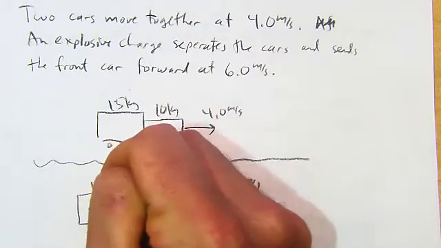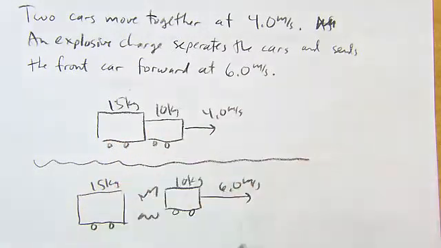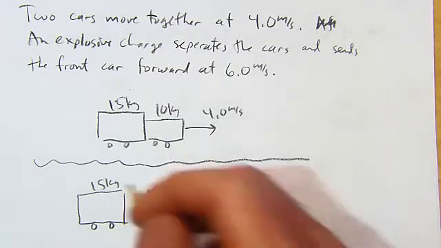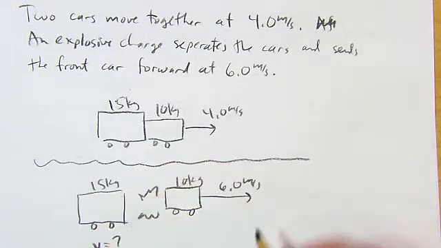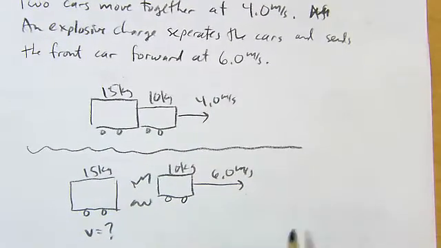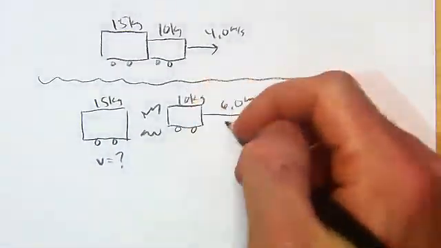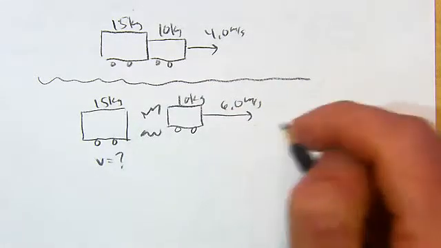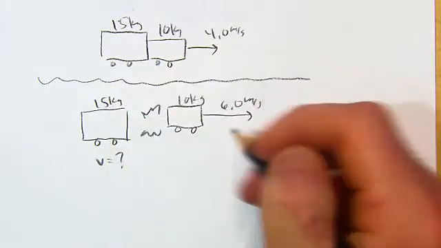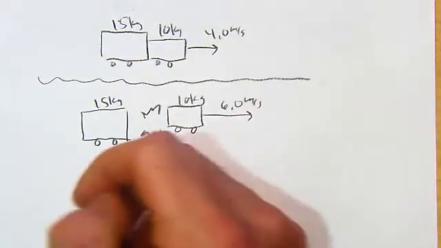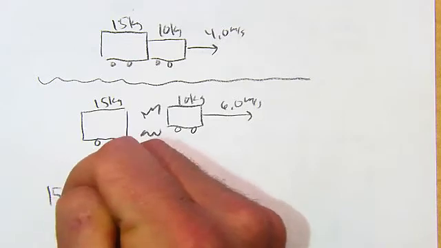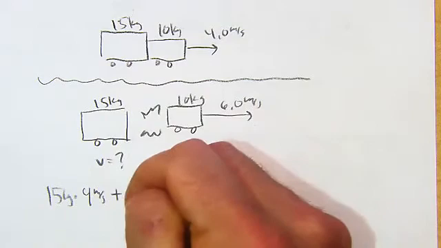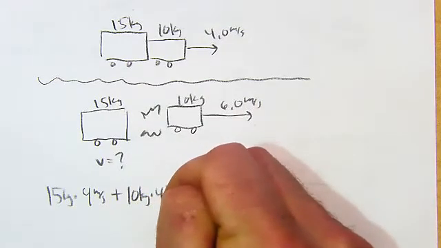I actually don't know if it's going to go right or left. I kind of assume it's going to go left. Well, it's moving pretty fast to begin with. Honestly, I would say probably it's going to go right, but we basically got to figure it out to see. So the P before equals the P after. The total momentum before equals the total momentum after. So before we got 15 kilograms times 4 plus the 10 kilograms times 4.